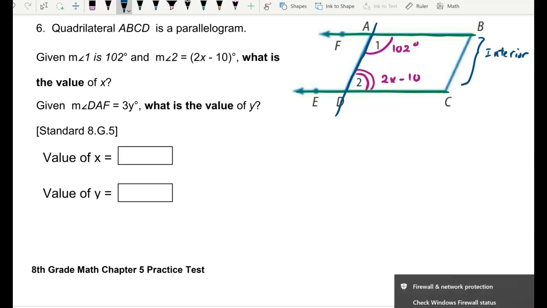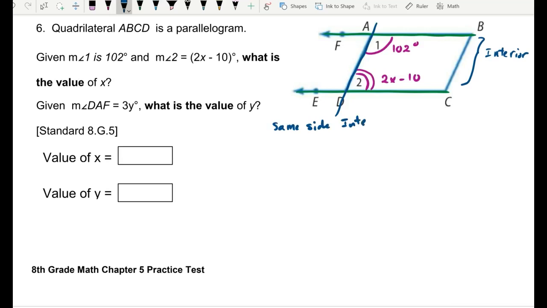So this is same side interior, also known as consecutive interior angles. If it's same side, you add them up to equal 180. So 102 plus 2x minus 10 equals 180. Consecutive angles are supplementary, meaning when you add them, it equals 180.